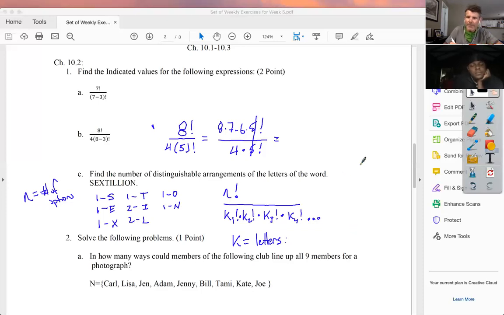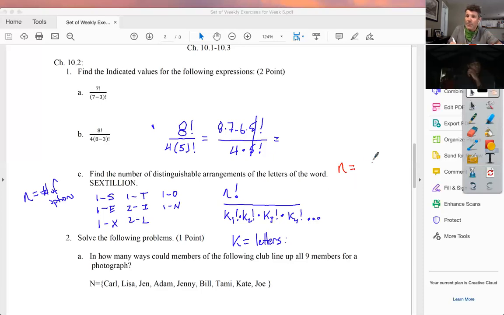In our problem, our sample space, our n is equal to 10. The reason it's 10 is because we have one S, one E, one X, one T, one O, one N. That's 1, 2, 3, 4, 5, 6. Two I's, that's 8. Two L's, that's 10.